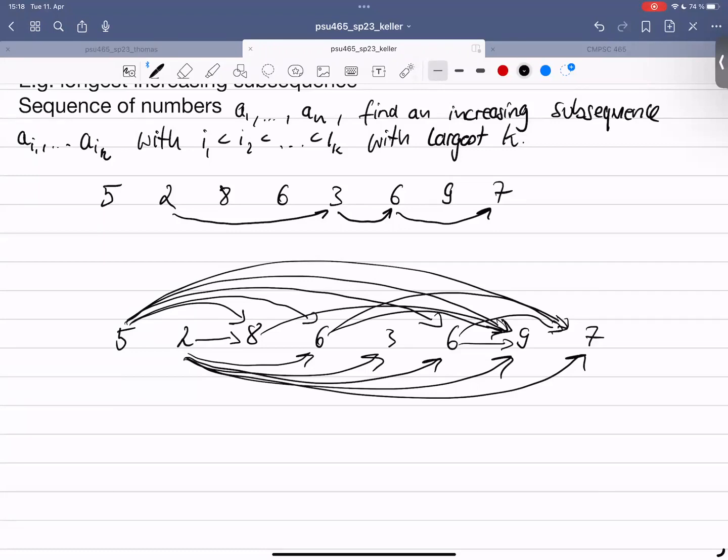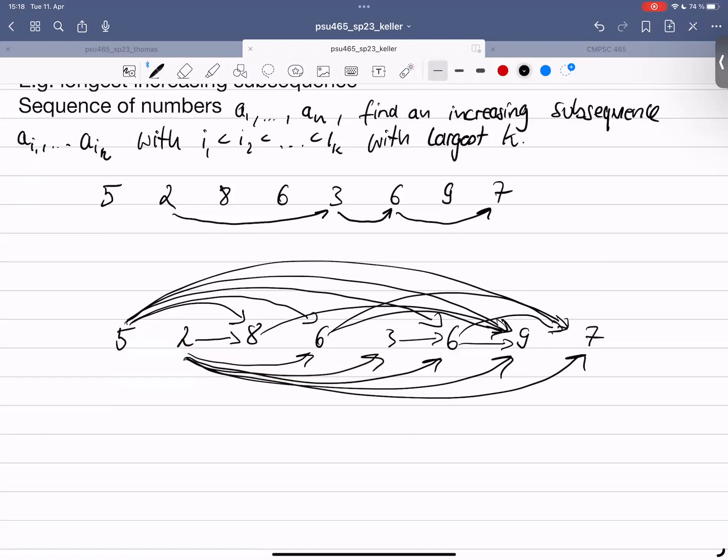Because whenever you take a subsequence, you basically have to do this by following these edges, right? So the sequence that we had before starts from 2, goes to 3. So we follow this edge. And from 3, we take the edge to 6, which I apparently forgot to draw here. So there should be an edge from 3 to 6.